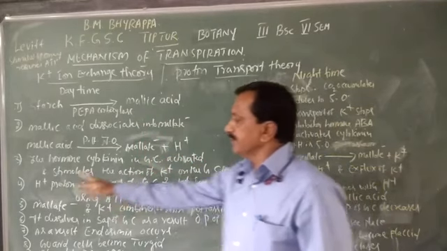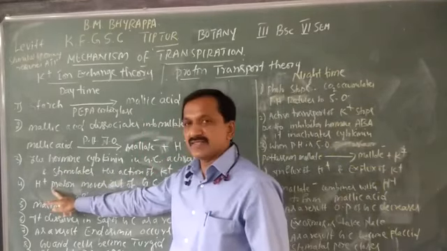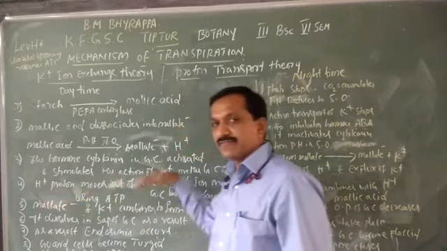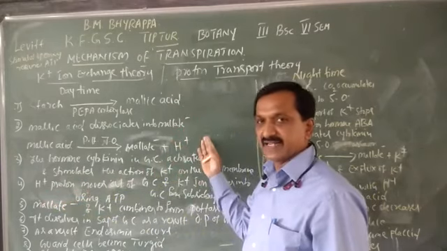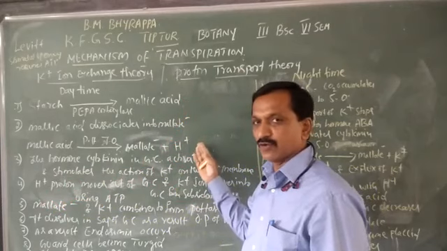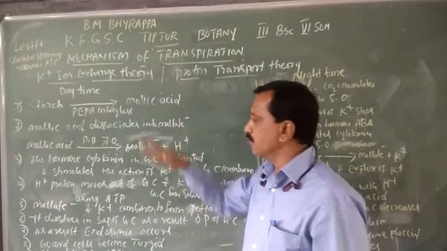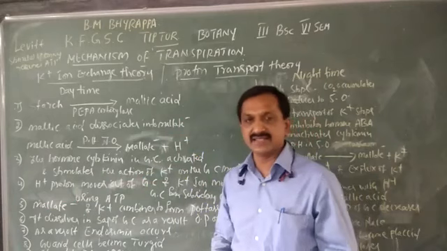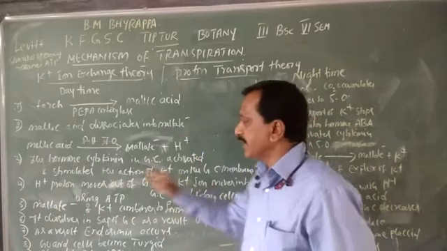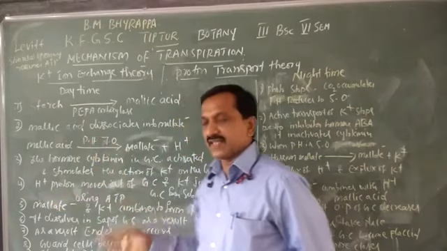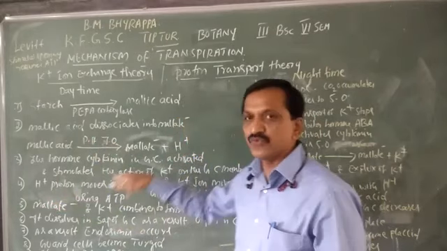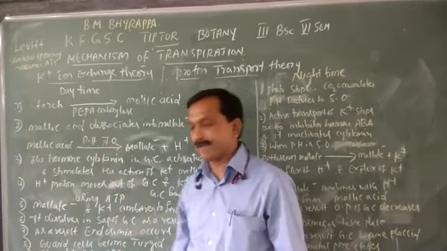Next, the H plus protons move out of the guard cell and the K plus ions which are present in the subsidiary cells, or the outer membrane of the guard cell, move into the guard cells. That is, the H plus protons go outside the guard cells and K plus ions move into the guard cells.